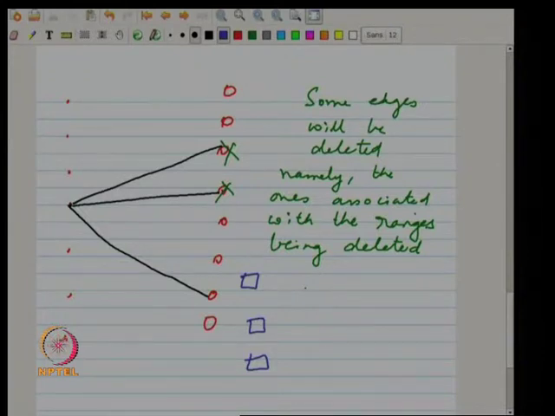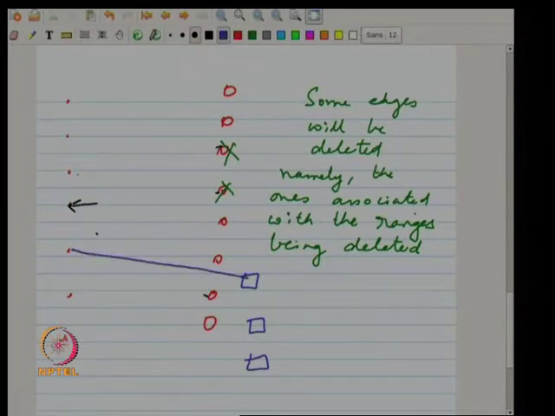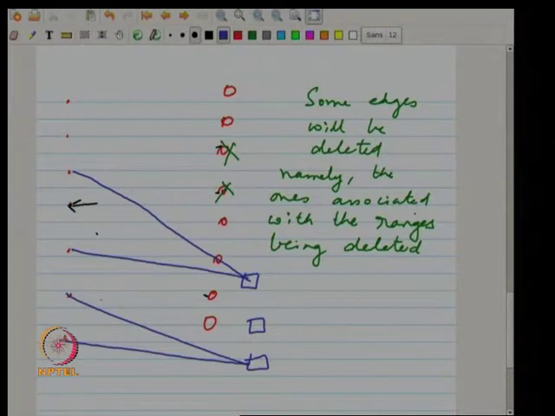So those edges are affected, and there are some new edges which may be incident to the new ranges, okay.